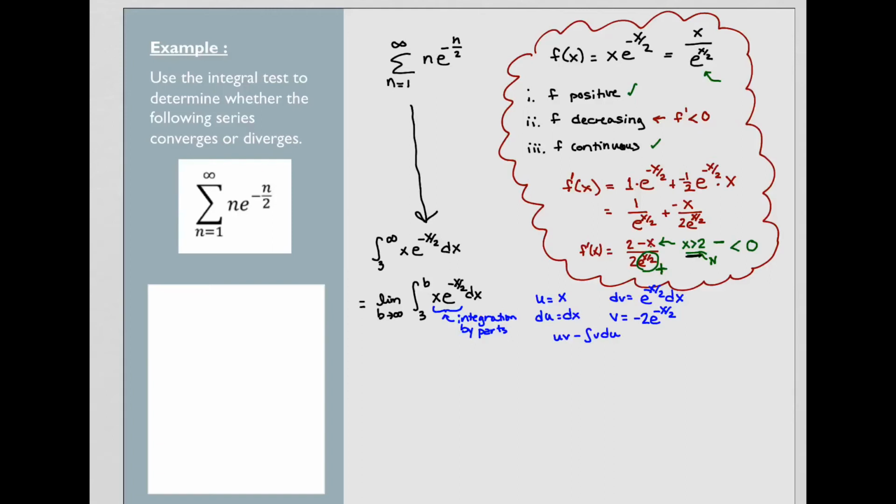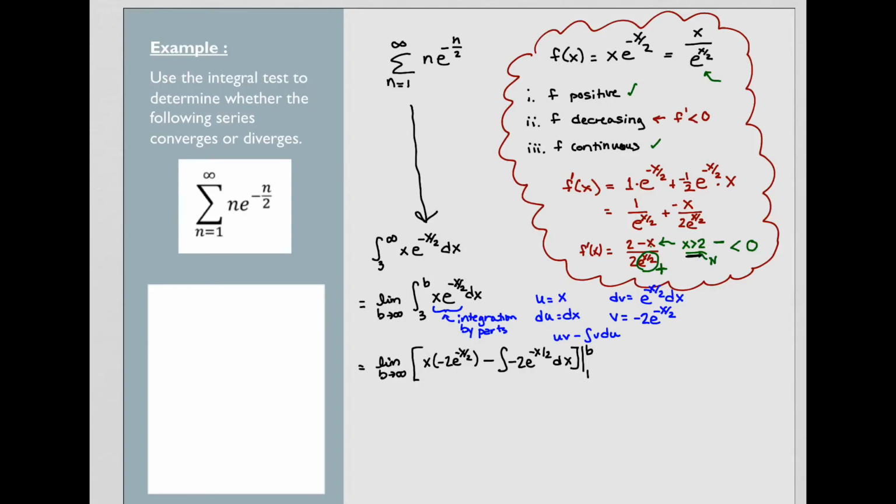And so that gives us the limit as b goes to infinity of, here we go, uv. So it's going to be x times negative 2 e to the negative x over 2 minus the integral of v, negative 2 e to the negative x over 2 dx, all evaluated from 3 to b.